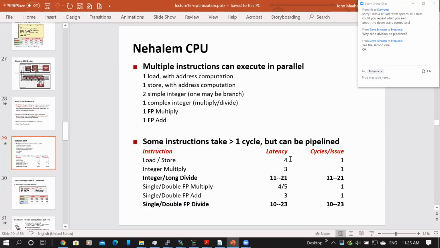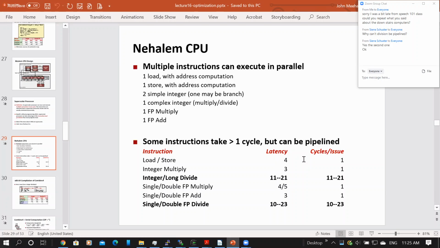So I could issue a load, and if I hit in the L1 Dcache that we explained in the next chapter, then that's going to take 4 cycles to get over into a register. But immediately after the first cycle, I could issue another request to load something. So I can pipeline those load requests, pulling things out of the cache as well.